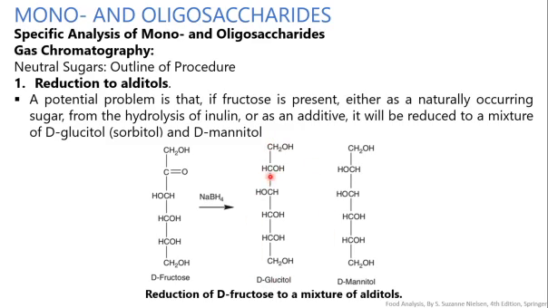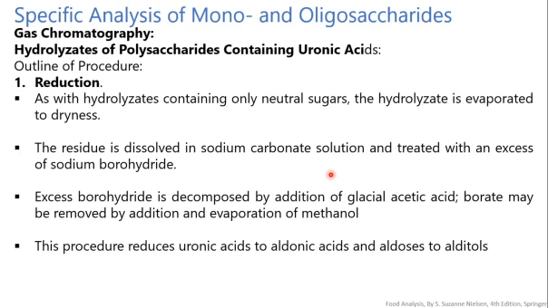Here there is a ketone group, so whenever we use NaBH4, it will cause formation of two different isomers. So here D-glucitol and D-mannitol will be formed. One has the OH position on the right-hand side, the other has the OH position on the left-hand side, and hence some kind of difficulty arises while analyzing that particular sample.